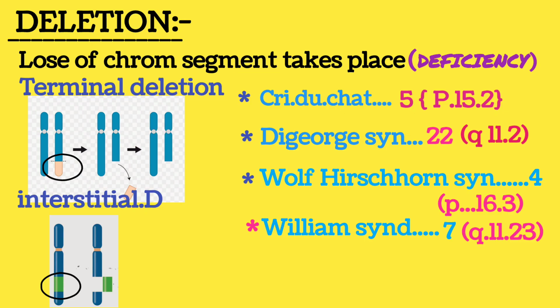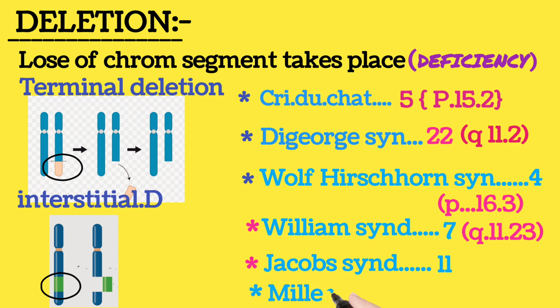The person has cardiovascular disorders, eye vision problems. One more syndrome is Jacobsen syndrome. This syndrome develops due to deletion in chromosome number 11. The person has taller than average height, delayed speech, intellectual disability.